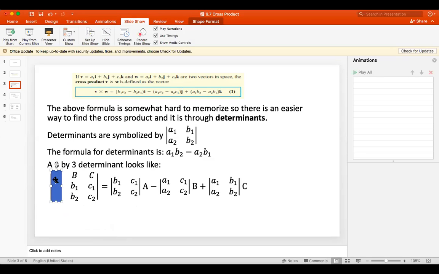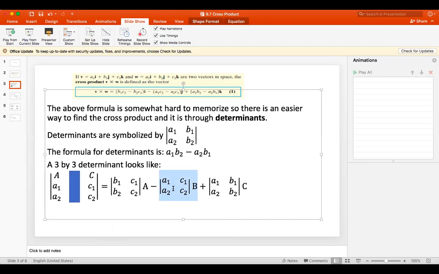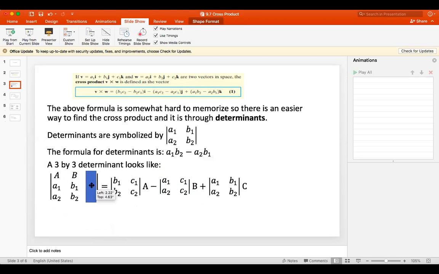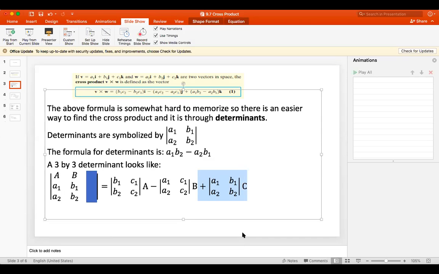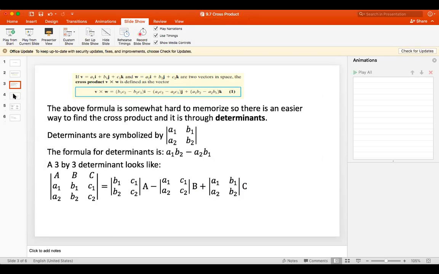Minus in between, I ignore column B, using a1, a2, c1, c2, times b, the thing I just ignored. Plus in between, so it goes minus, then plus, I ignore column C and only focus on a1, a2, b1, b2, and then times c. I'm going to bring this block over to the next slide.